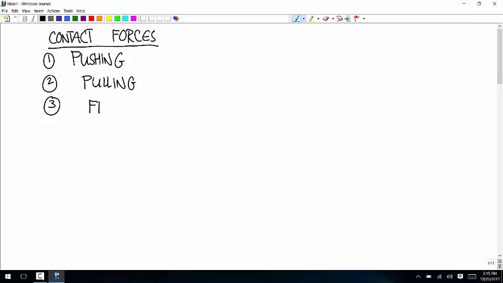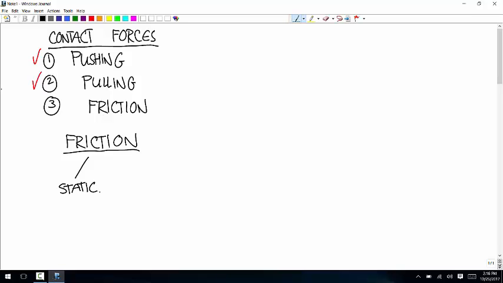And then the last type is friction. We're done with these 2. And so now we're talking about friction. And friction force can be broken up into 2 categories. There's static friction. That's the force that's required to keep something at rest.